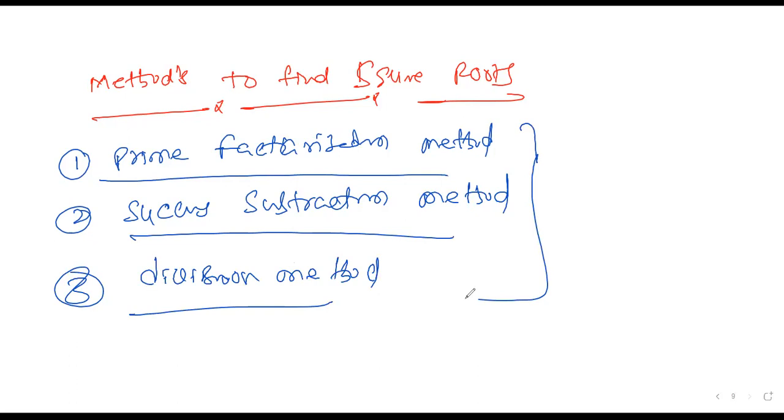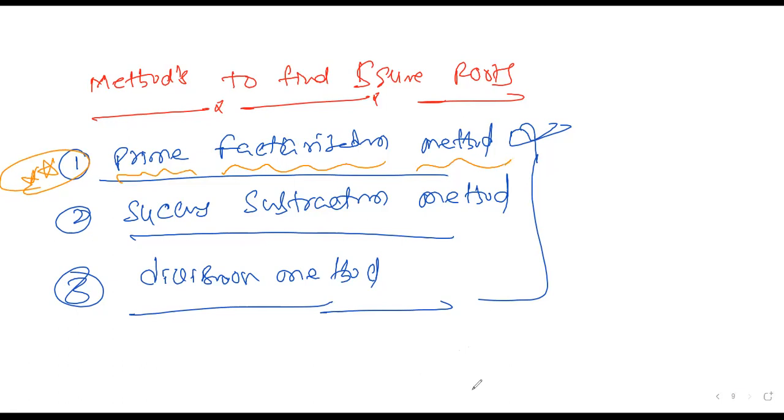I will explain each and every method to find the square root of a given number. Any number, I'll tell you how to find it. Clear? We start with prime factorization, which is a very important and interesting methodology for the future also. What is the prime factorization method?